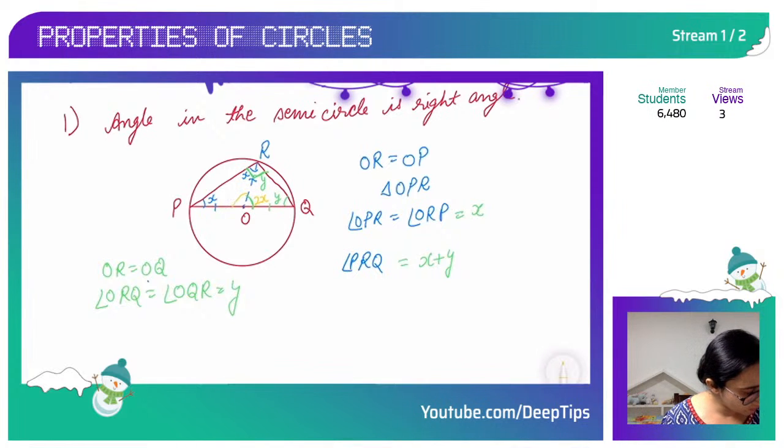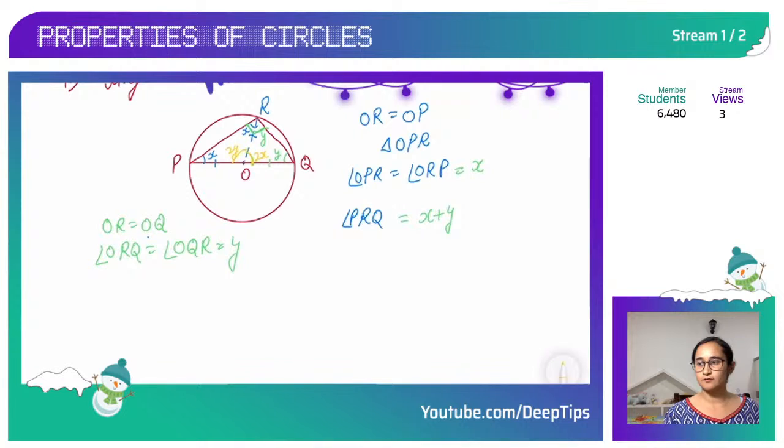And this becomes your 2y. Am I right? Yes, because if I take triangle POR and extend the side OP, I get this exterior angle ROQ, which is equal to the sum of the opposite interior angles. The two interior angles are x, so x plus x gives me 2x.